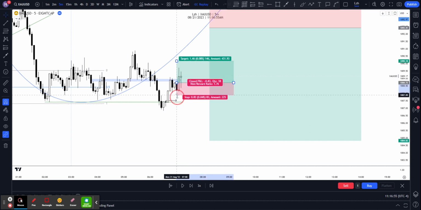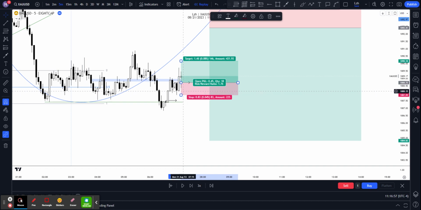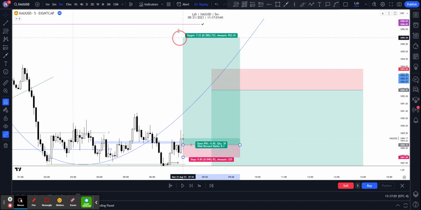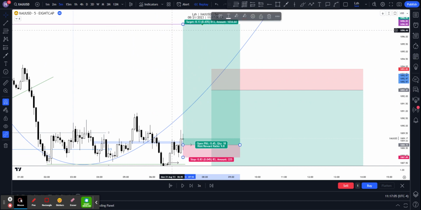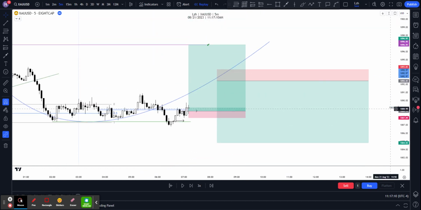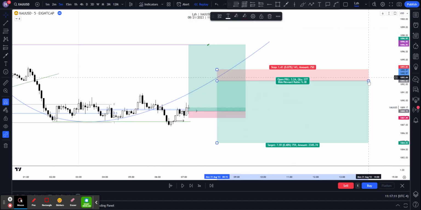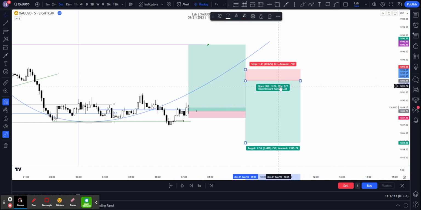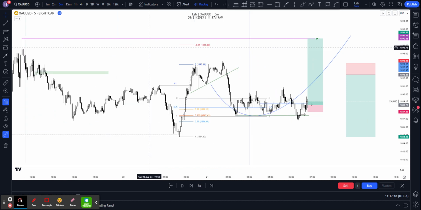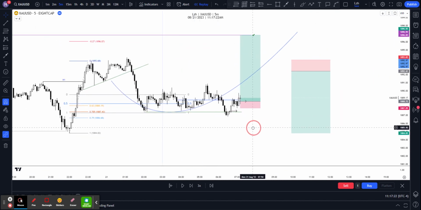If you are trading the New York session, you can place this limit here and take it all the way up to the external draw, and that's our final target, because at this moment we are not sure whether this is going to go higher, but we are confident that this draw is going to take out the weak high which we talked about.